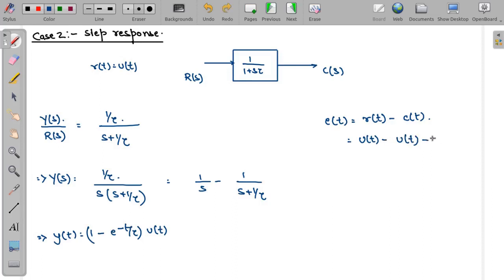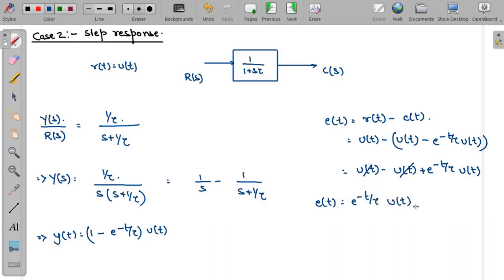Let me not skip steps: e to the power minus t by tau u(t). Now open this bracket: u(t) minus u(t) plus e to the power minus t by tau u(t). So this cancels, and e(t) comes out to be e to the power minus t by tau u(t).